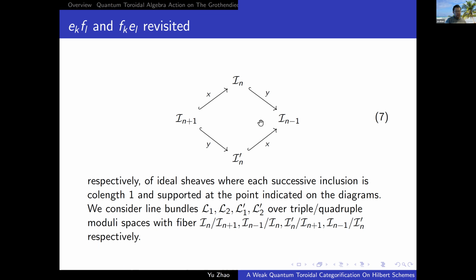We could always change IN plus 1 to IN to IN prime and IN prime to IN. It induces the involution on Y, and it would also induce a morphism T, for the EK, for every K such that T square would be 1.